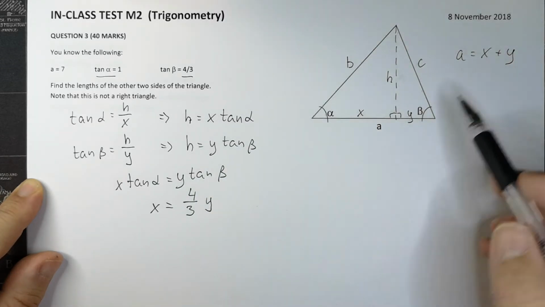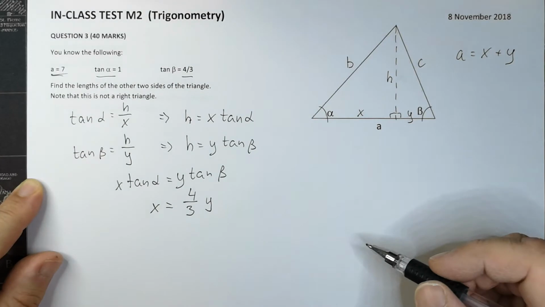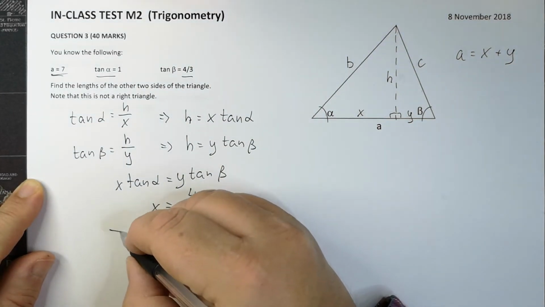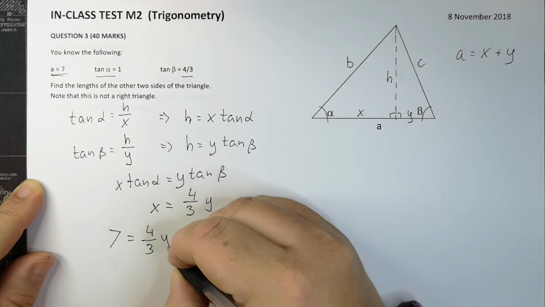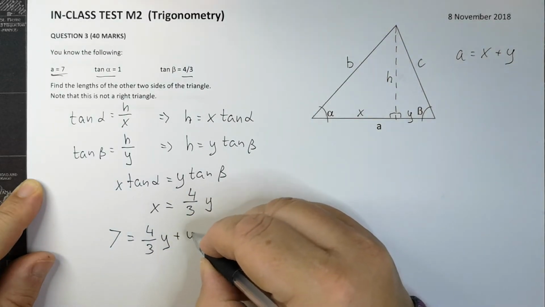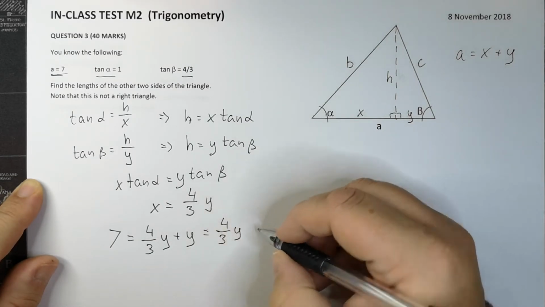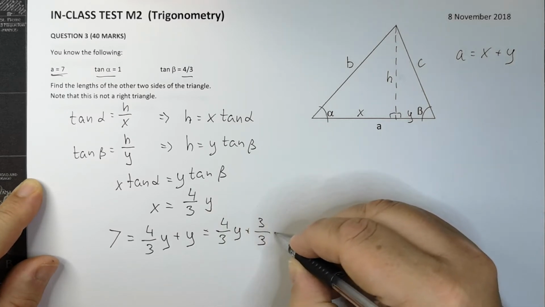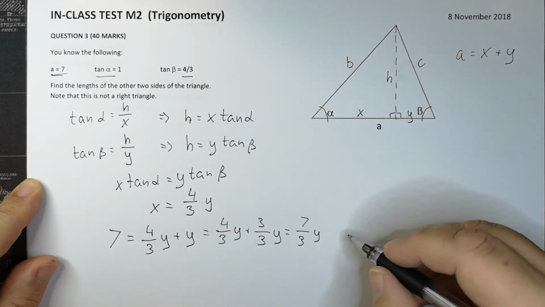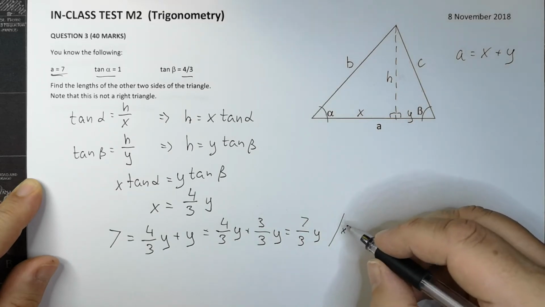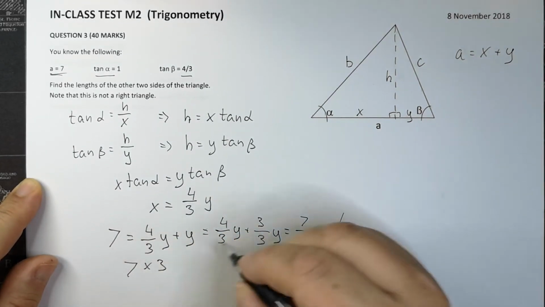I will now substitute this expression for X into our previous equation A equals X plus Y. A equals 7, therefore I get 7 equals 4/3 of Y plus Y. And this now is equal to 4/3 of Y plus Y, which can be presented as 3 over 3 Y, that's the same thing as Y, so 4 plus 3 is 7/3 Y. Now, multiplying both sides by 3, I get 7 times 3 equals 7Y.